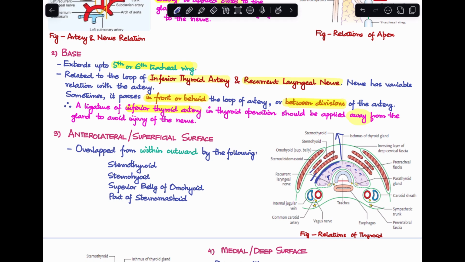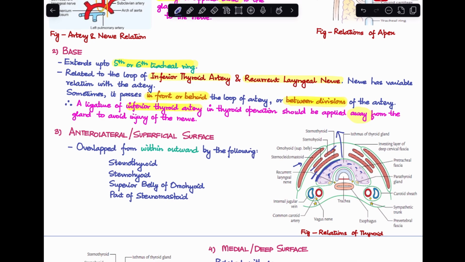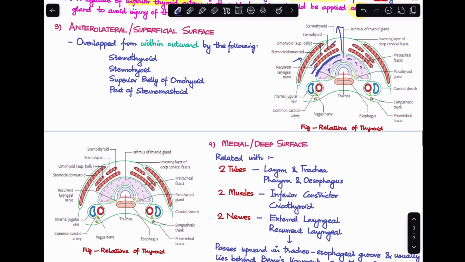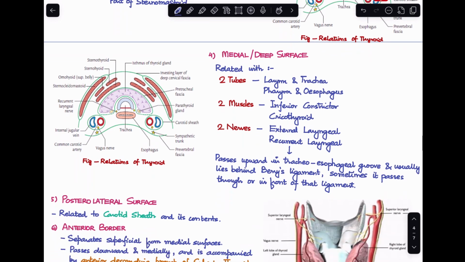Next comes the sternohyoid and the superior belly of omohyoid. And last of all, a part of sternocleidomastoid also overlaps it. So these are the four muscles which come in relation to the anterolateral or the superficial surface of the thyroid gland. Next is the medial surface or the deep surface.